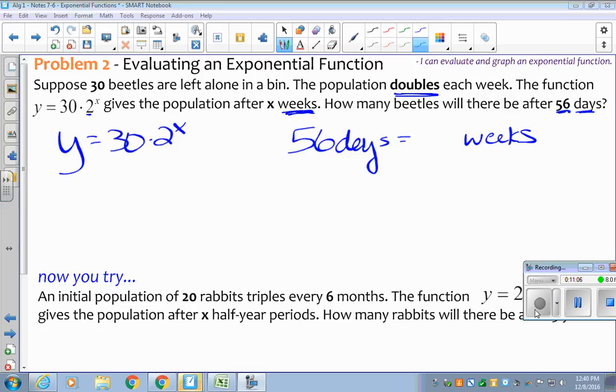There are 7 days in each week. 56 divided by 7 is 8. So we're going to put 8 into our equation.